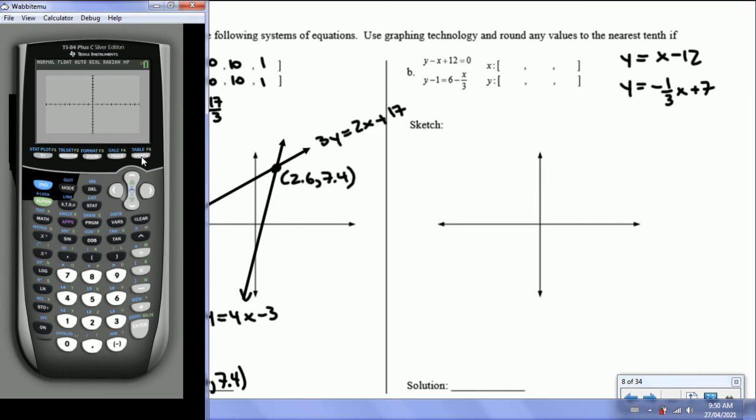Graph that. Okay. Alright, so you can see they're sort of converging. It's going to be maybe over here somewhere. So if we make this boundary further, if we push it further to the right, we should be good. So maybe let's bump x max to like 15, see if that's enough.